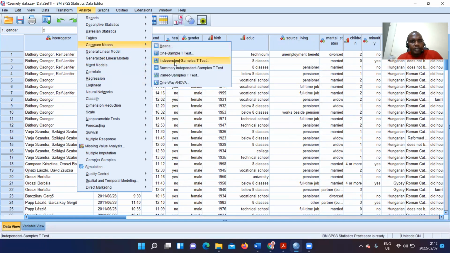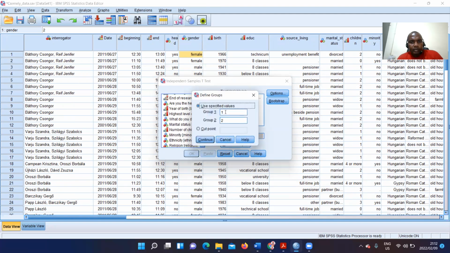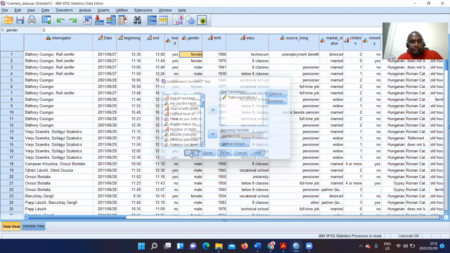So compare means, independent samples. Now, the grouping variable is gender. And then we define 1 for male, 2 for female. We click OK. We've defined our groups.